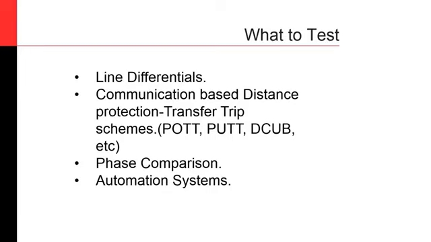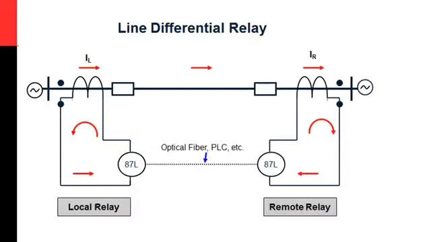Well, line differentials, any communication-based distance protection, transfer trip schemes like permissive overreach transfer trip, permissive underreach transfer trip, etc. So some sort of phase comparison schemes, some automation systems that work in either transmission lines, even in distribution places, where you have remote communications between relays that have to shift the load or switch from one feeder to the other. Those are also schemes that are prone to be tested using end-to-end testing.